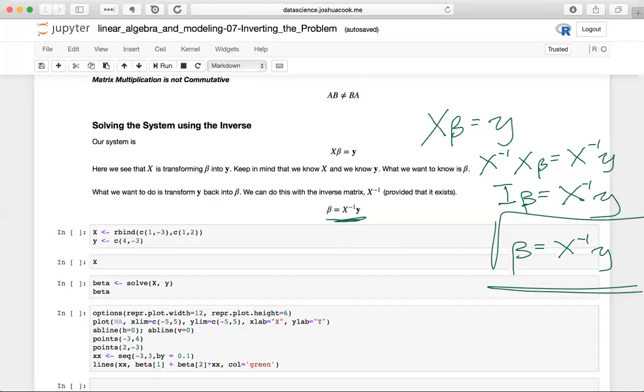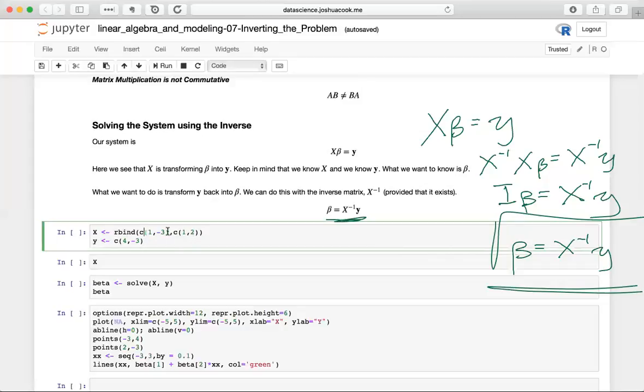All right, in order to solve this, I'm going to define X first, using the R function rbind, or row bind. I'm passing it two rows as vectors: the first row, 1, -3, and the second row, 1, 2.